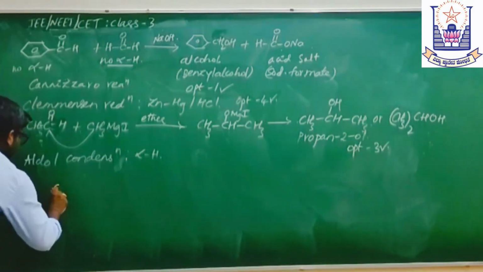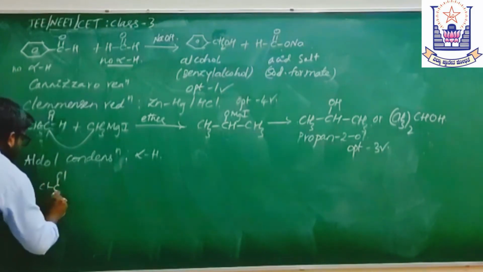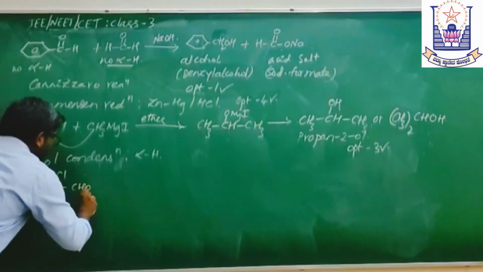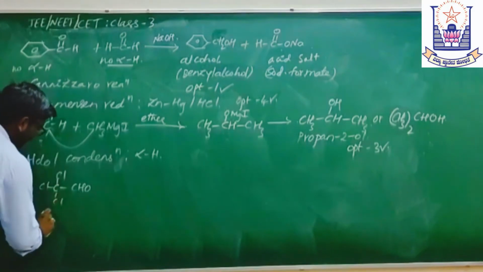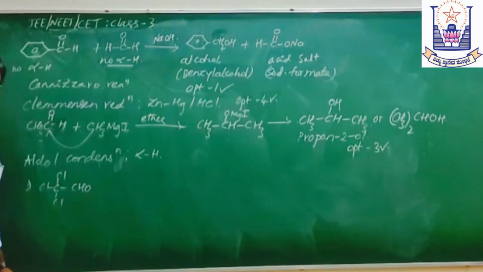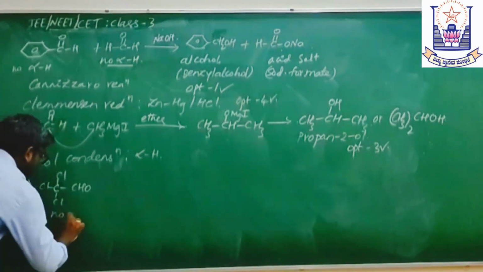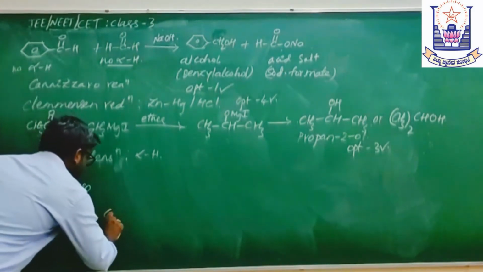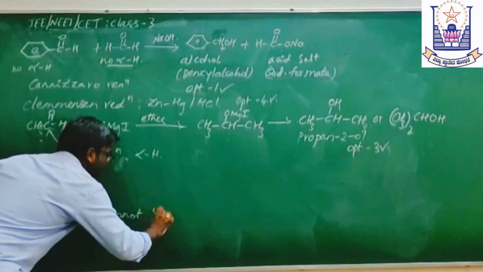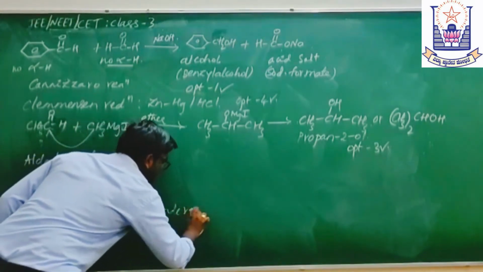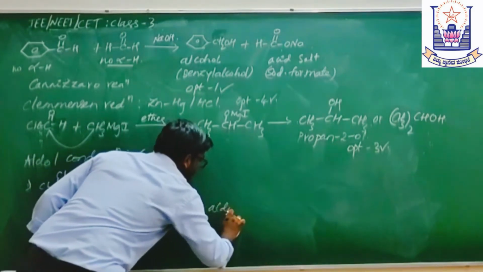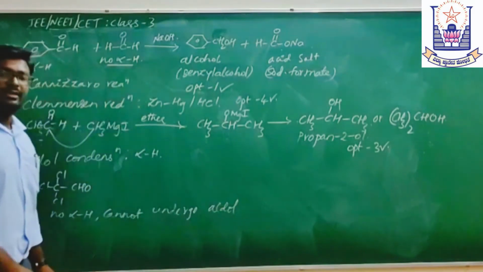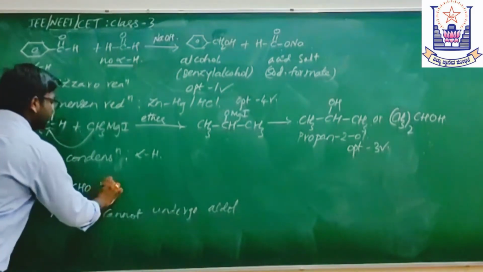What is chloral? CCl3CHO. Here, the alpha carbon atom does not have hydrogen. So, no alpha hydrogen. It cannot undergo aldol reaction.